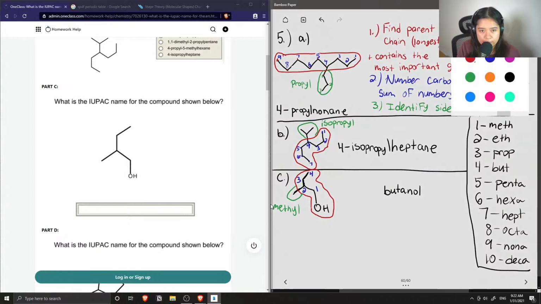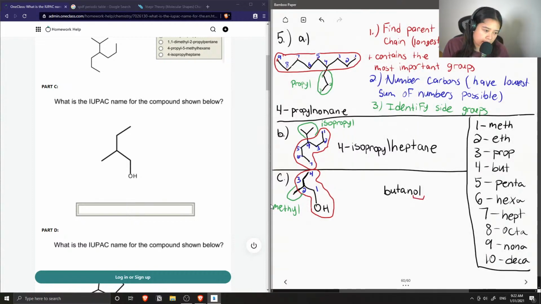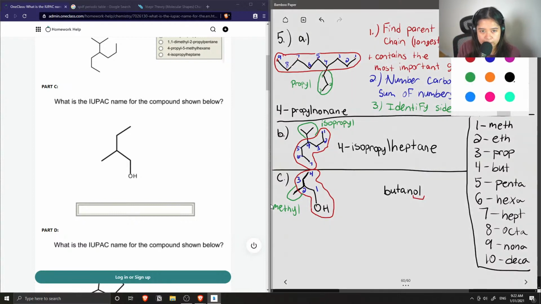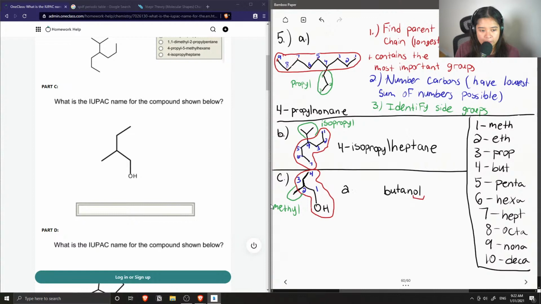And already the fact that it ends in -ol tells us that there is an alcohol group on carbon 1. So now we just need to write the beginning of this name. On carbon 2, there is a methyl group. So we write 2-methyl and then butanol.